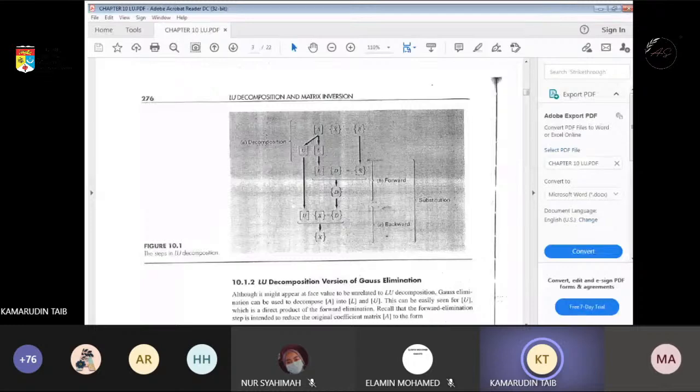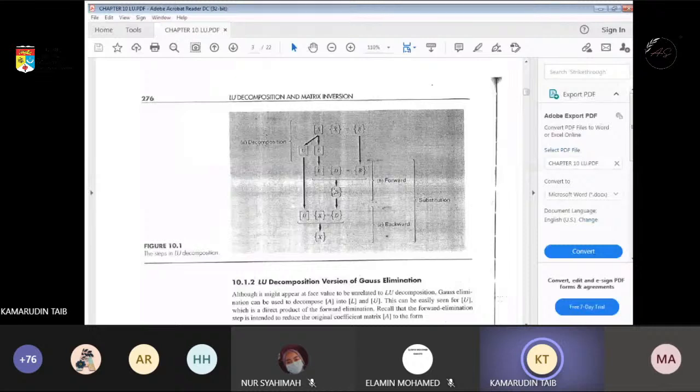The unknown here is D, which can be found by forward substitution because this is lower triangular.